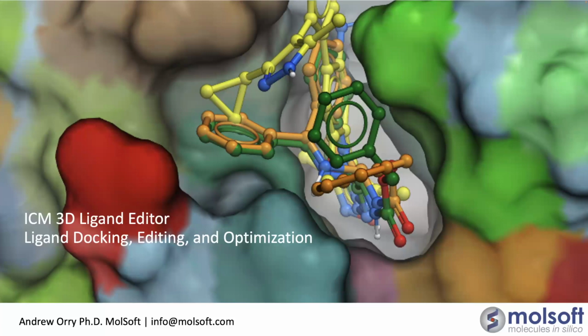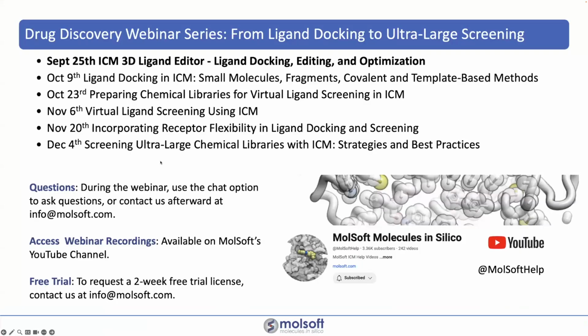Today's webinar is on the subject of the ICM 3D ligand editor, where we'll be covering ligand docking, editing, and optimization. This is the first in a series of 6 webinars where we'll be focusing primarily on ligand docking and virtual screening.